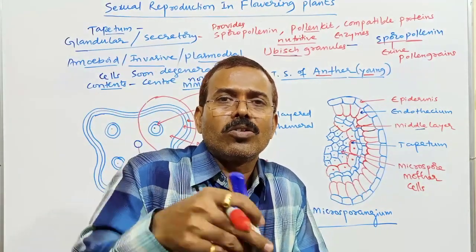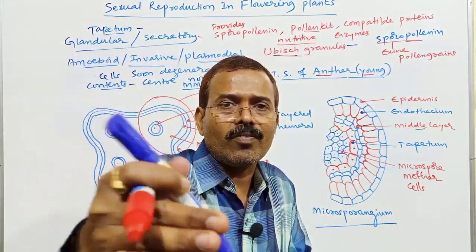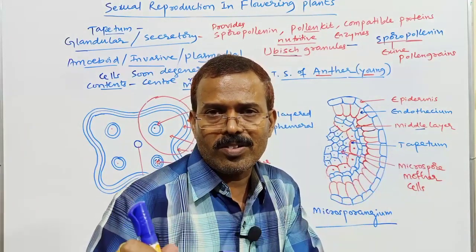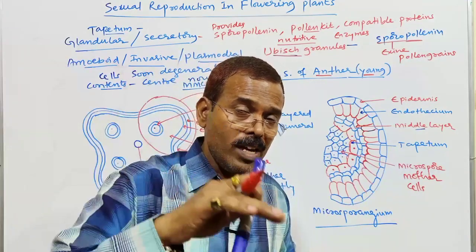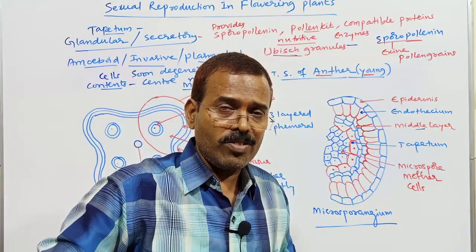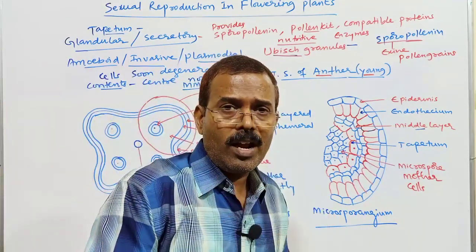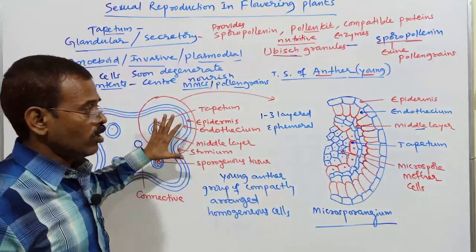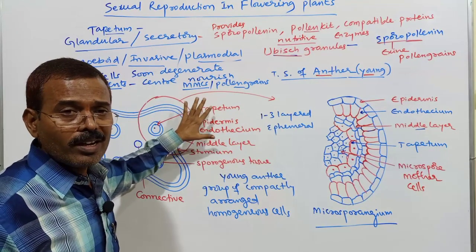On its outer side it has 4 wall layers, from inner to outer: tapetum, middle layer, endothecium, epidermis; from outer to inner: epidermis, endothecium, middle layer and tapetum. So you have to remember the structure of the young anther.